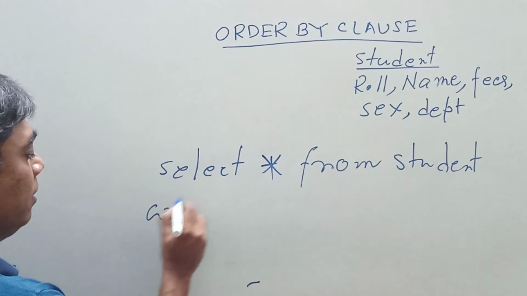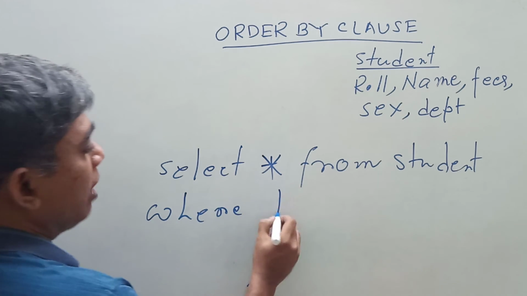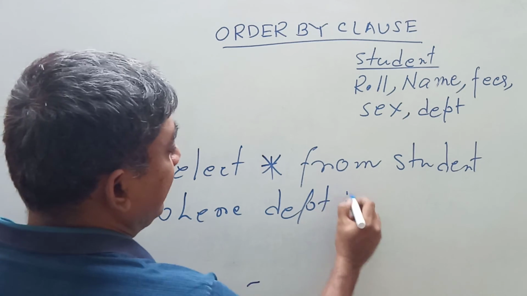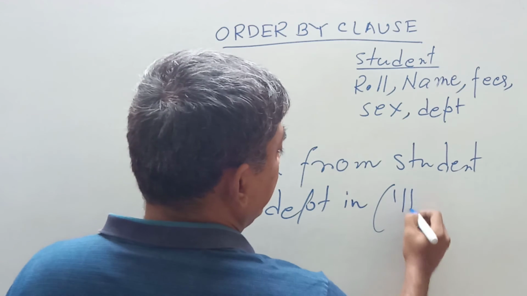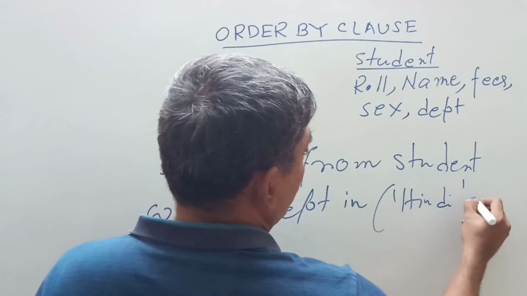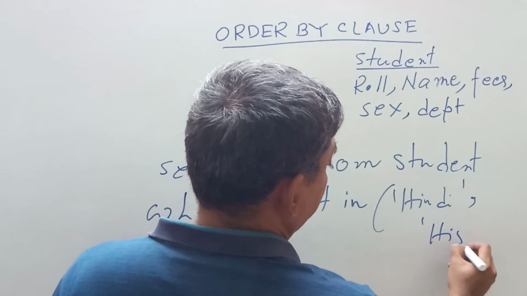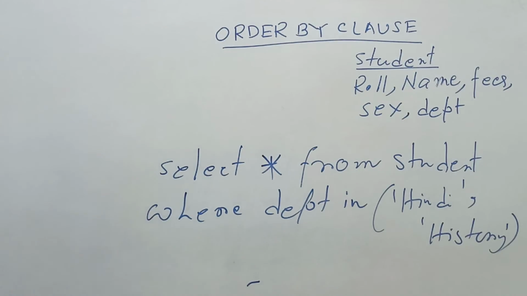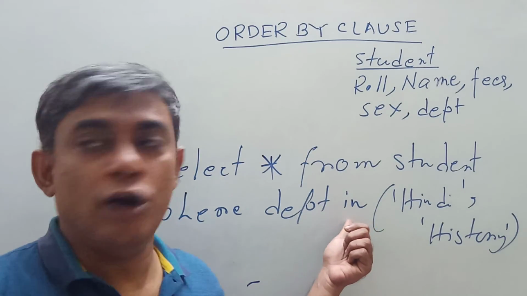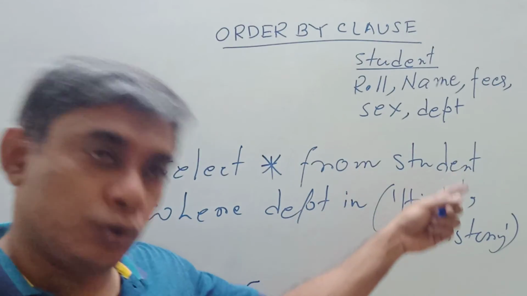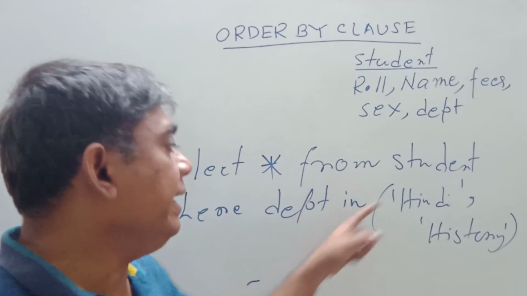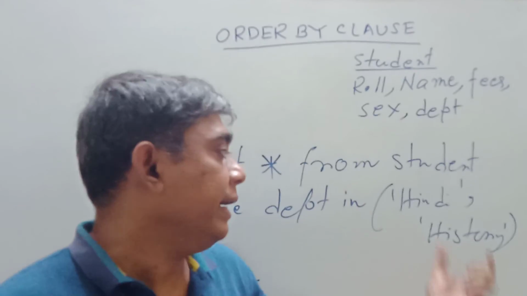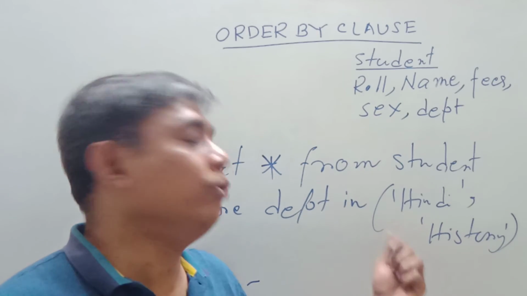So where we write where DPT in Hindi, comma history. Who are from either Hindi or history department, we use in operator. So select star from student where DPT in Hindi, comma history within bracket, Hindi within quotation and history within quotation.